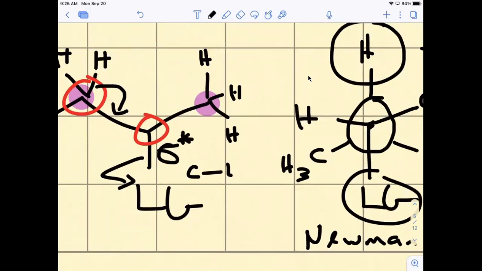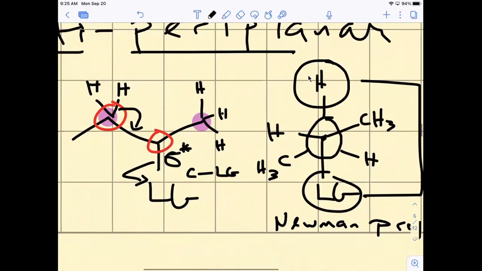So the carbon leaving group sigma star orbital has to be accessible to that pair of electrons. And so that's why the geometry has to be antiperiplanar, so that the sigma star orbital can be accessible and the electrons can donate into it and facilitate that bond breaking between carbon and the leaving group.